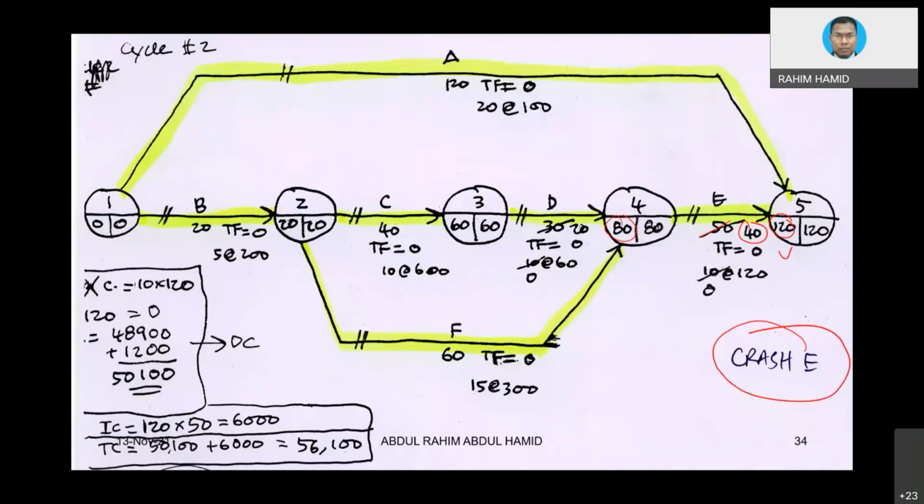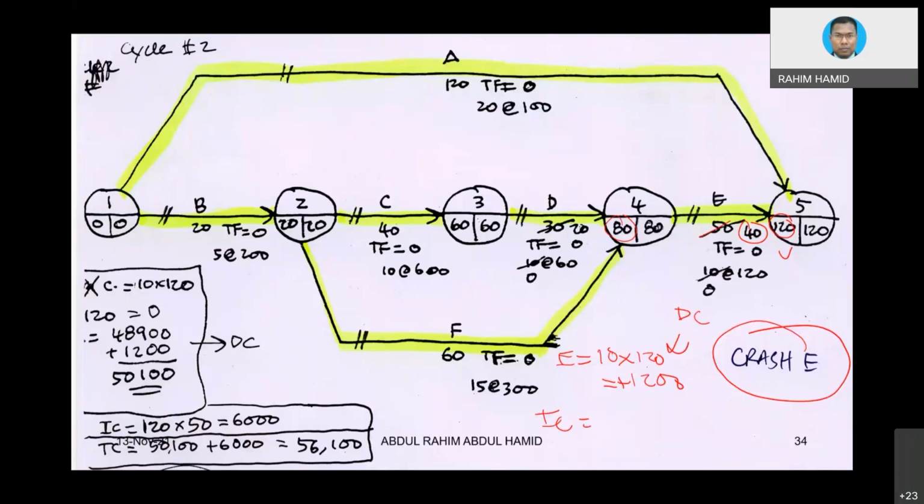And what would be the cost? Now the cost for E is 10 times 120, which is 1,200. That would be the additional direct cost. The indirect cost, again, we are going to minus 10 days.